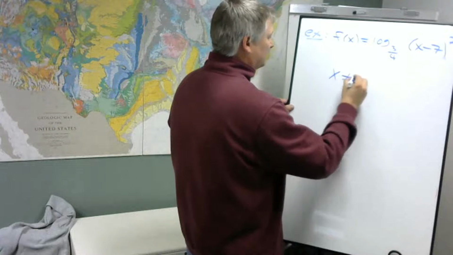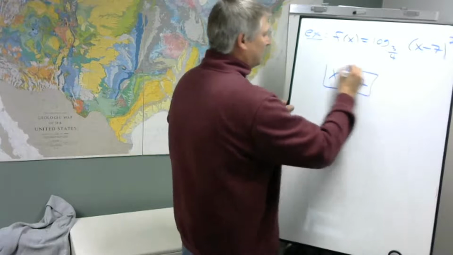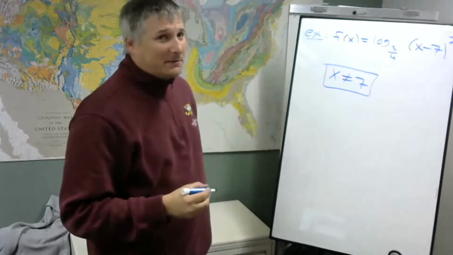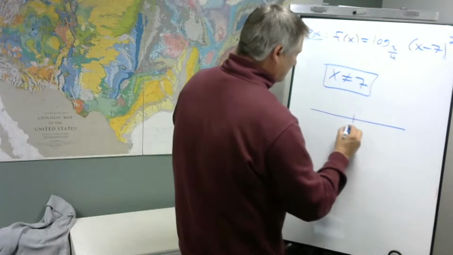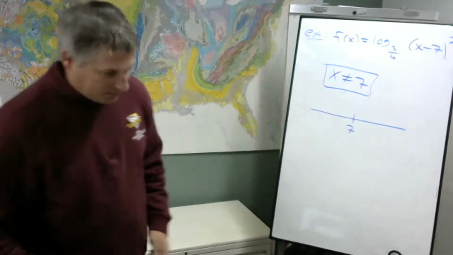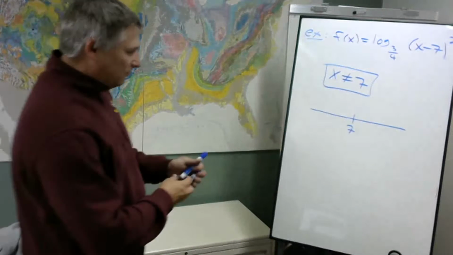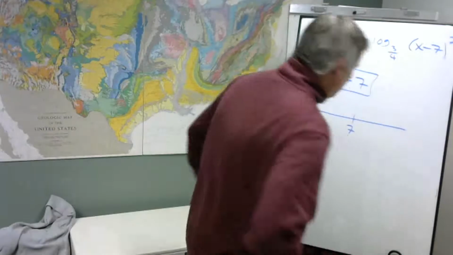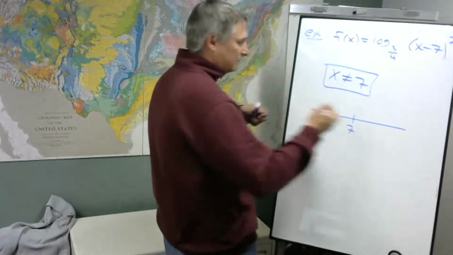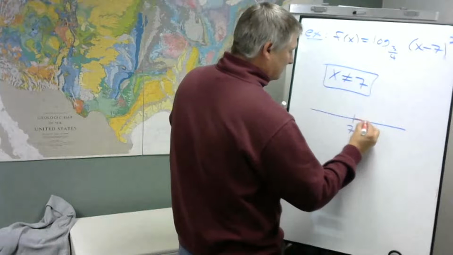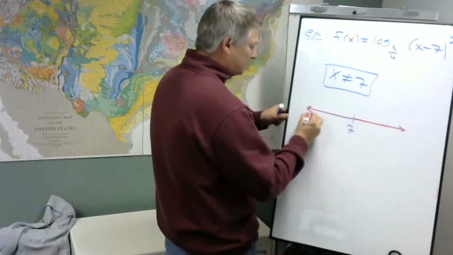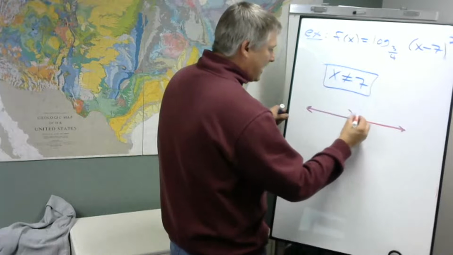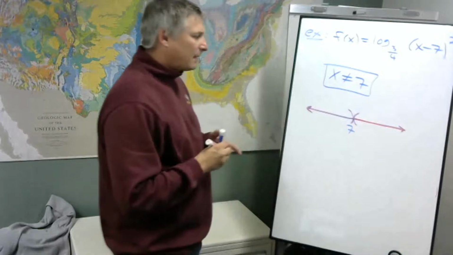So this means that's going to be our domain. If we graph this, we get to use numbers above 7. We can use numbers below 7, but we can't actually use 7 itself.